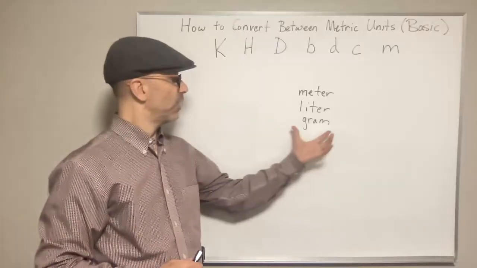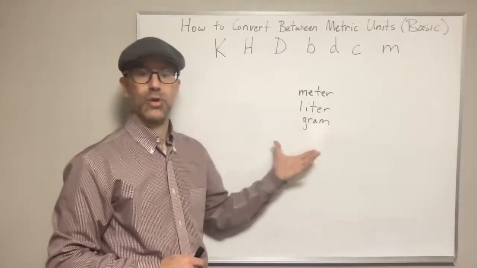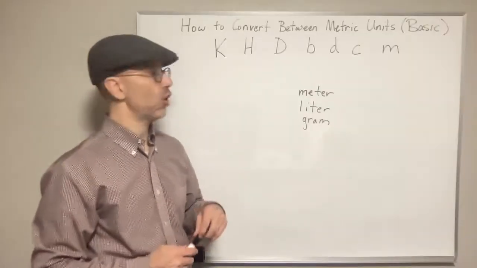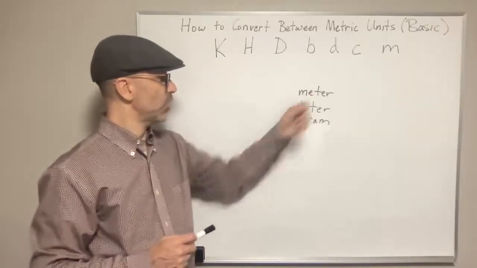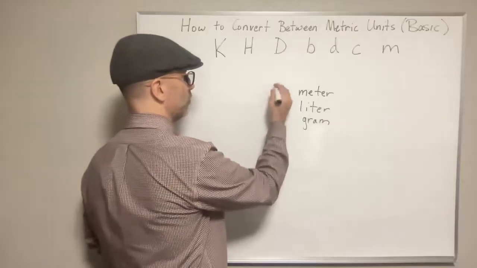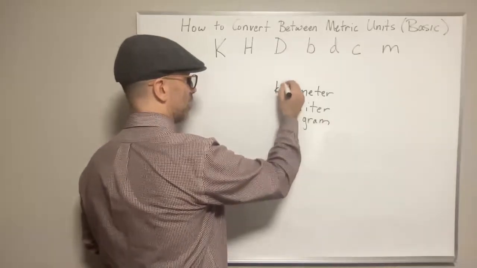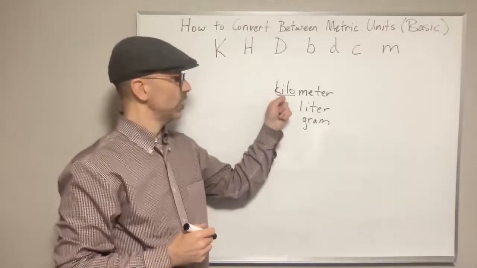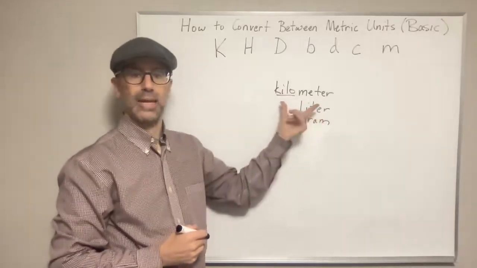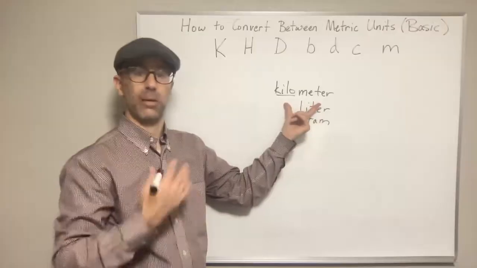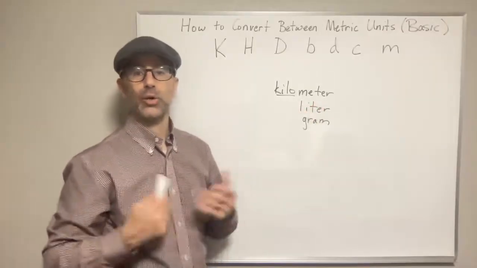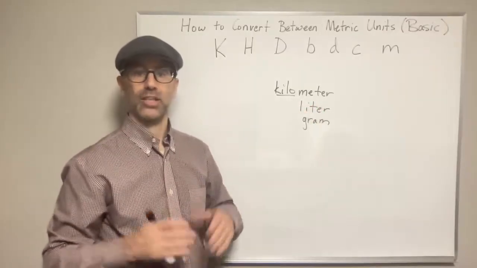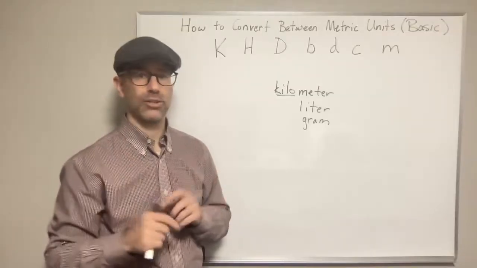Then the rest of this is you have some prefixes. If you have, say, a meter, you add a prefix to that and it becomes kilometer. So kilo being added to the base unit changes the unit to something else, something similar. And the great thing about the metric unit is that the units differ by factors of 10.